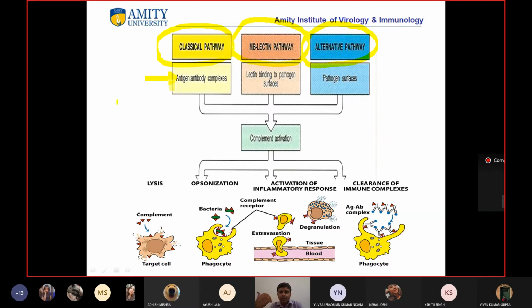In the alternative pathway, there are some substances on the pathogen surface that will activate the alternative pathway.